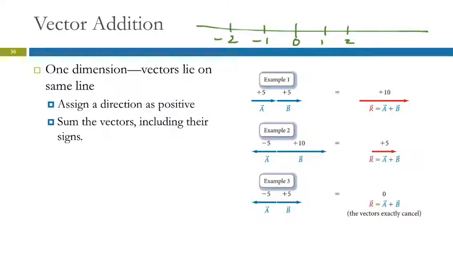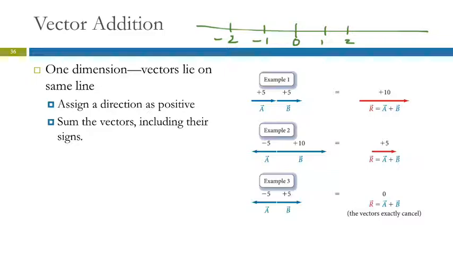5 to the right and 5 to the right would be just moving 5 spaces to the right on the number line. And that would get you 10 spaces to the right from where you started.